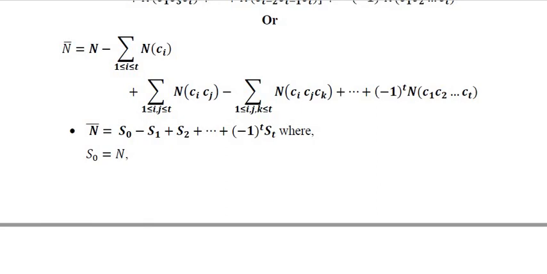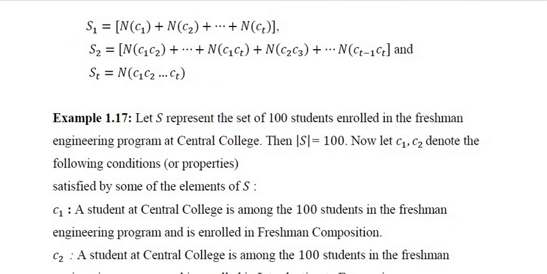Now in order to make our formula somewhat simpler, we can look at the next result also, that is n bar is equal to S0 minus S1 plus S2 plus etc., plus minus 1 the whole raised to t, St, where S0 is equal to n, S1 is equal to n of C1 plus n of C2 plus etc. n of Ct, S2 is equal to n of C1 C2 plus etc. n of C1 Ct plus n of C2 C3 etc. n of Ct minus 1 Ct and etc., St is equal to n of C1 C2 etc. Ct.